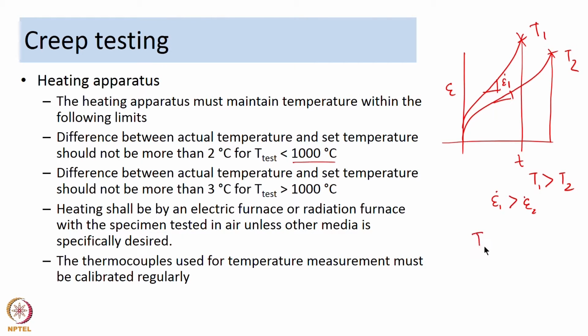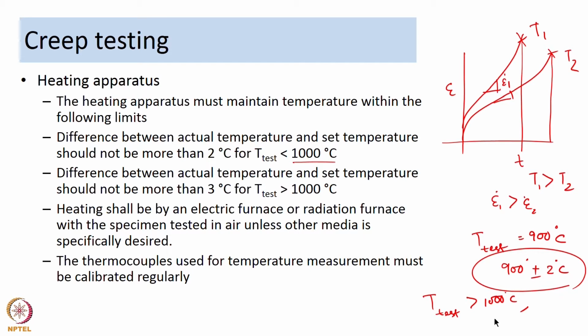So, if your T test as an example is 900 degree centigrade, then the maximum allowed is 900 degree centigrade plus minus 2 degree centigrade. So, your sample temperature should be in that range. Similarly, if your T test is greater than 1000 degree centigrade, let us say 1100 degree centigrade, then the maximum allowed variability is only 3 degree centigrade.